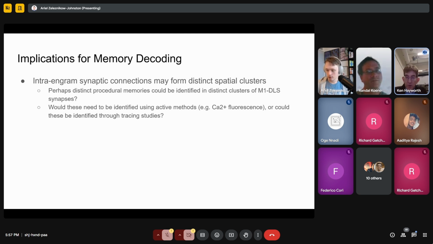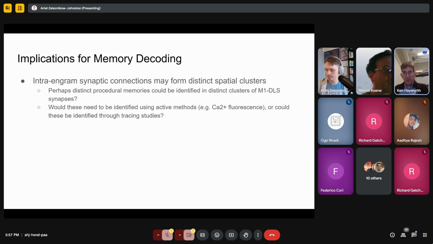I mean, I don't see why you wouldn't be able to see this from tracing data. If you knew what upstream neurons were part of the M1 engram, then you could look and see if their synapses are clustered. I'm kind of wondering, you know, I appreciate that clusters can do things, and so they shouldn't be ignored.